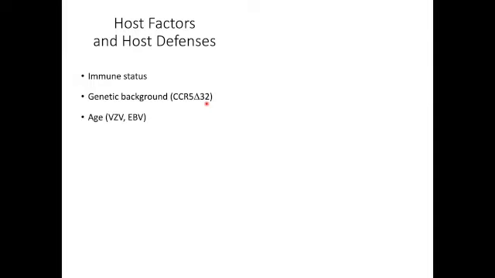Age, like with bacterial pneumonia, is really important. As a person ages, they're more likely to experience shingles, which is caused by varicella zoster virus, and to experience various cancers caused by Epstein-Barr virus. And that, again, is also a matter of immune status and the weakening of the immune system as people age. Nutrition is important.